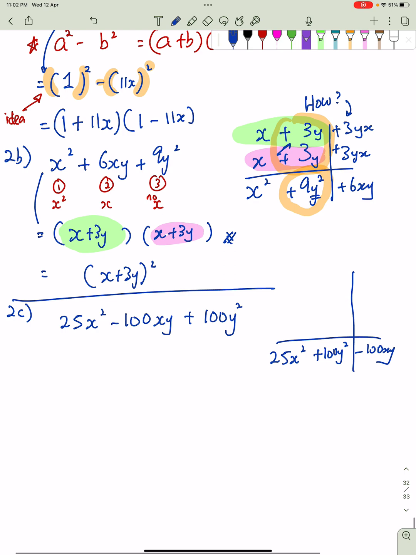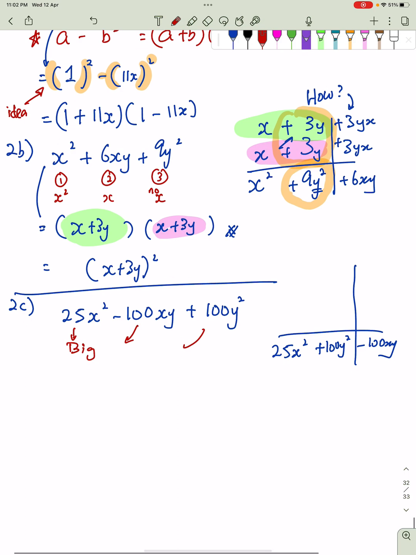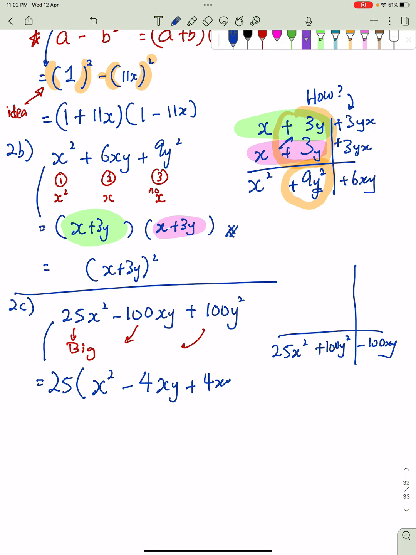But you notice that these numbers are very big. Huge, right? Like 100 and 100. So actually I could try and factorize this first. And if I take out everything, that's just 4xy plus 4xy. Sorry, 4y squared.